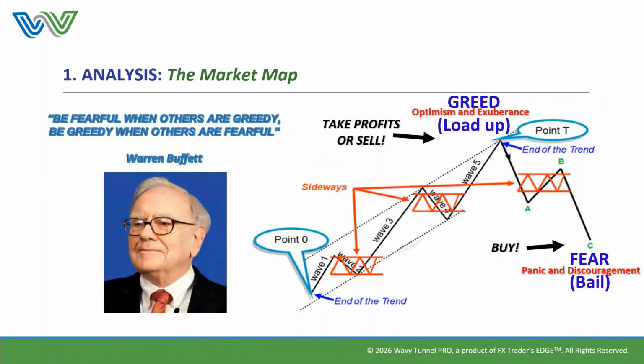Most investors feel greed at the top of this structure at point 2. Optimism and exuberance are at their highest levels. And then after this ABC correction, which can be significant, as you can see on the chart, we often see fear and panic, and traders feel like bailing out. But successful traders learn how to reverse that instinct. It's changing the brain.